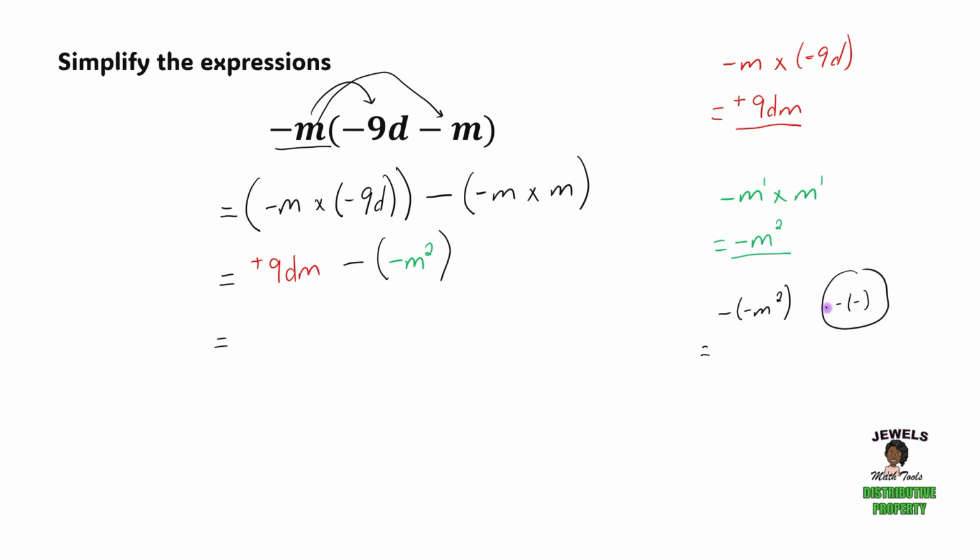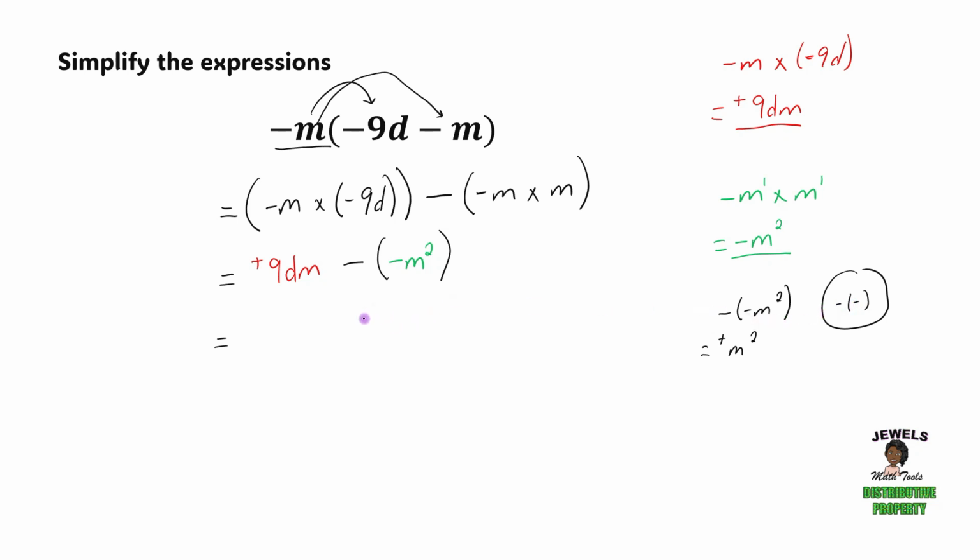So we have a negative being multiplied to a negative, which we will make this now a positive m squared, or you can say a subtraction being multiplied to a minus to a negative sign. But when we have those two signs, the negative and the negative, or if you want to read it as a negative and the subtraction following each other, remember that with our integers, negative and negative equal to positive.